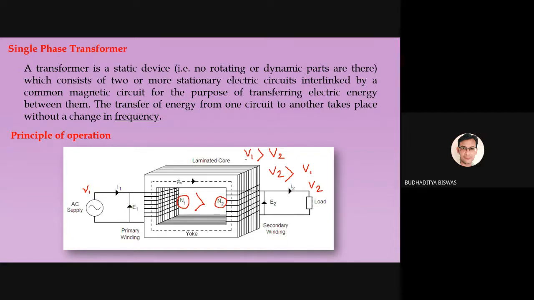So sometimes the supply voltage is more than the terminal voltage of the transformer, or sometimes the output voltage of the transformer is more than the supply voltage. So sometimes we need to increase the voltage for different purposes.